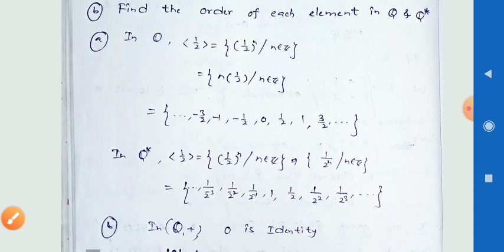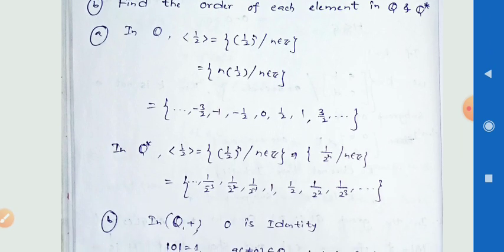Now similarly we have to do the same for Q*, where dot is the binary operation, the multiplication symbol.